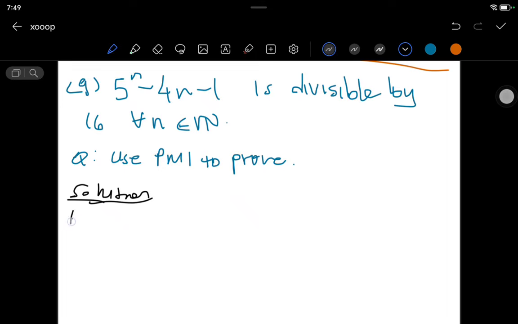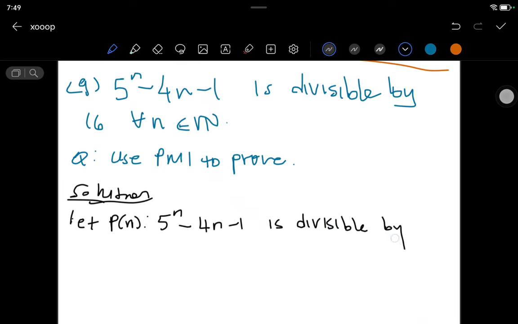We're going to first let P(n) be such that 5 to the n minus 4n minus 1 is divisible by 16 for all n element of a natural number. Don't forget to include this part, right?